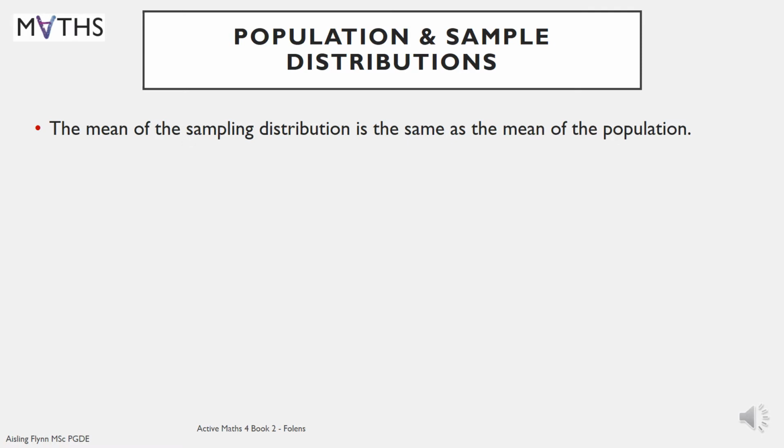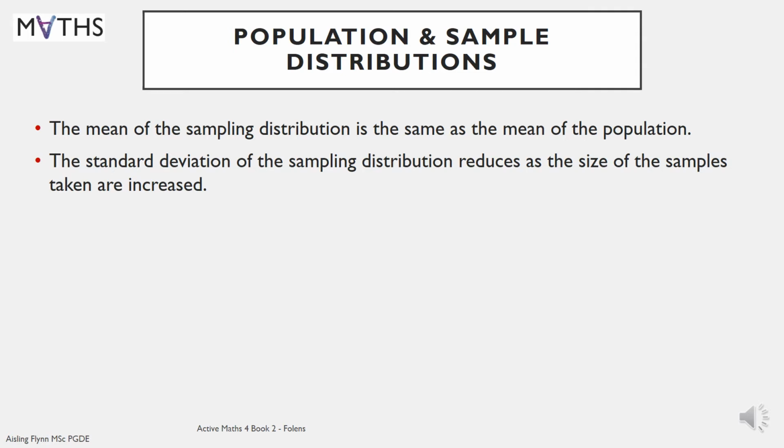So what are we saying here? The mean of the sampling distribution is the same as the mean of the population, and also the standard deviation of the sampling distribution reduces as the size of the samples taken is increased.